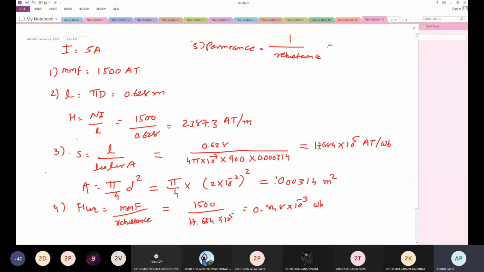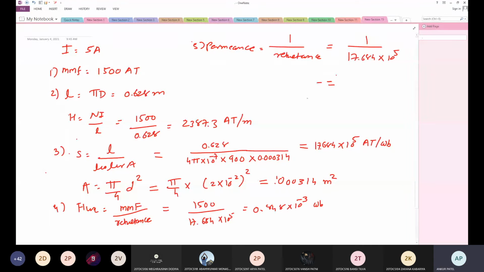Conductance is equal to 1 upon resistance, so permeance is equal to 1 upon reluctance, that is 1 upon S. So this is 1 upon 17.684 into 10 raised to 5. Tell me the answer.